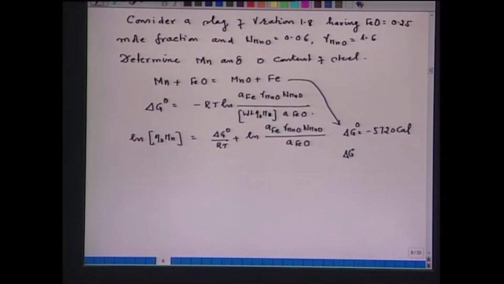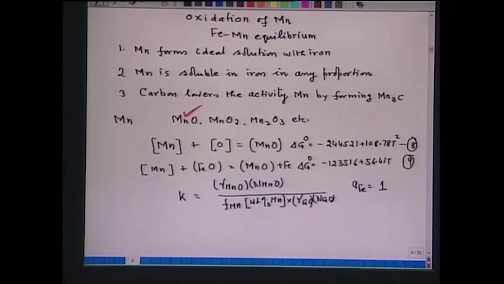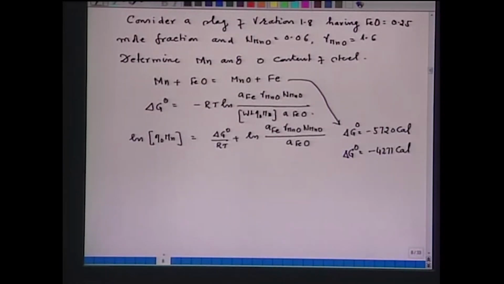Another source gives delta G naught equal to minus 4271 calorie, and this source is our equation number 9, where delta G naught is minus 123516 plus 56.41 T. If we put T equal to 1873 Kelvin, then we get the value of delta G naught minus 4271 calories. So, these are the two sources. I just want to illustrate that ultimately the calculation of manganese will depend upon from which source the value of free energy change has been taken, because there is no problem in the equation, only the values which you substitute; accordingly you may get different values of percentage manganese in equilibrium.